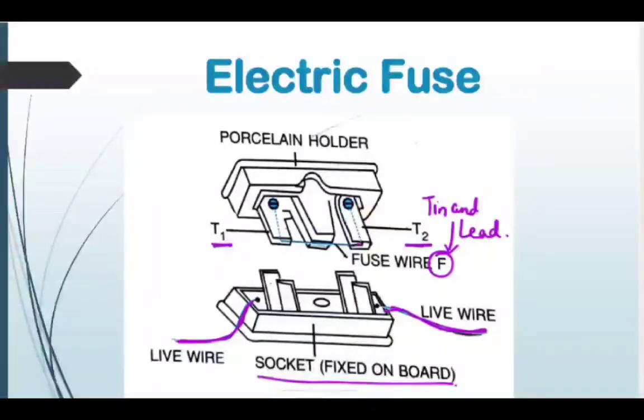So the maximum current must be passing through these wires, and the wires can catch fire due to the excessive heat. After a certain point, these fuse wires melt, which is why it is called a fuse, and that's how it prevents a short circuit from happening.